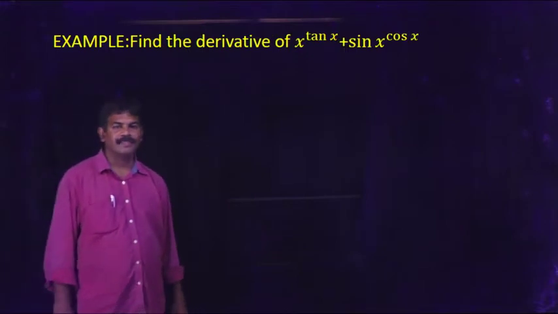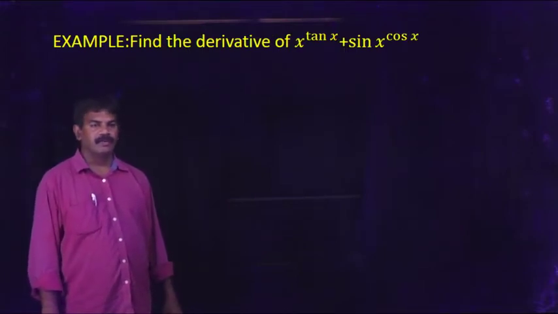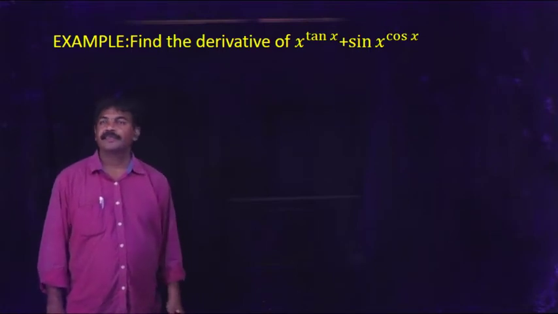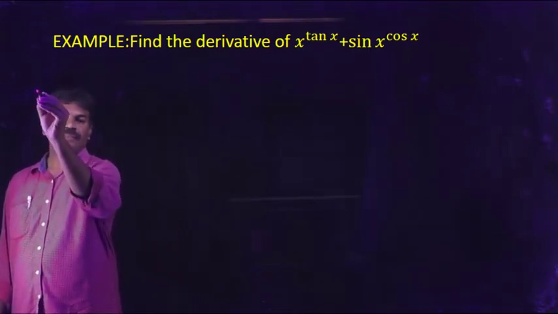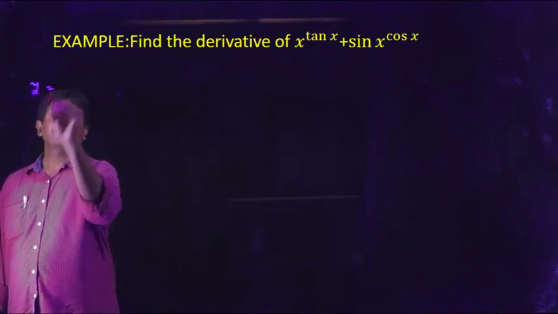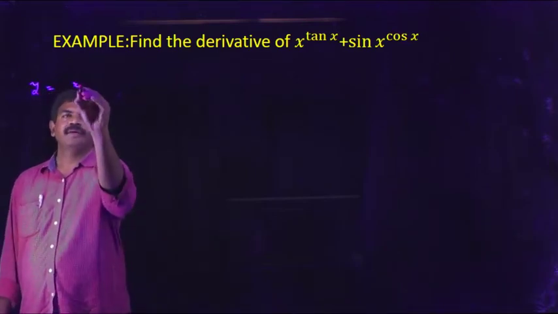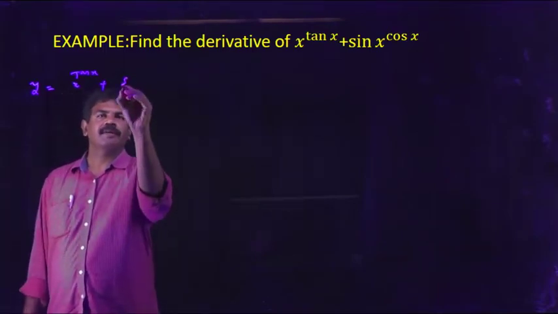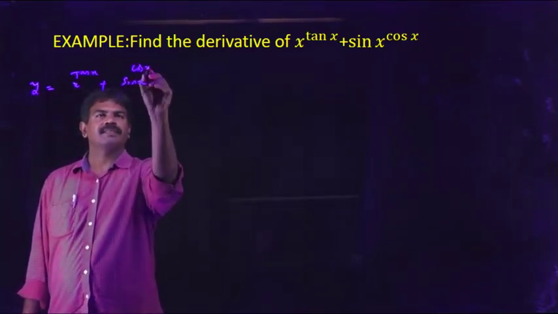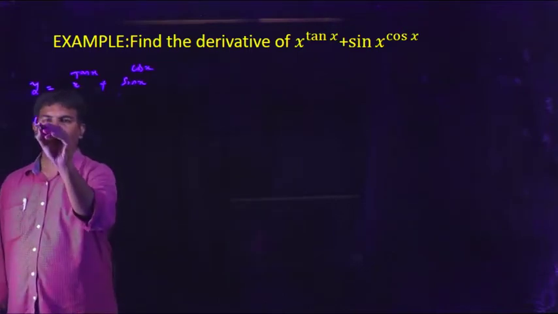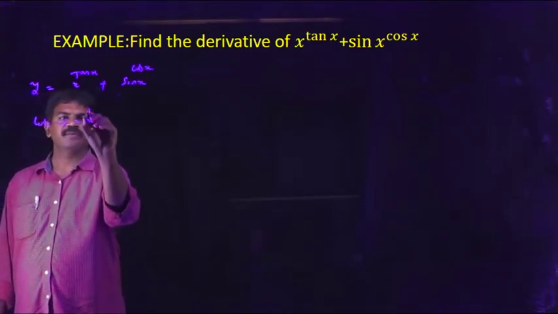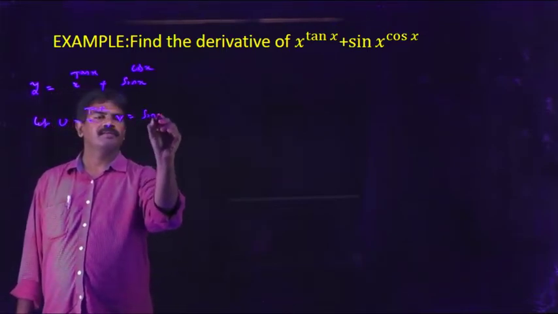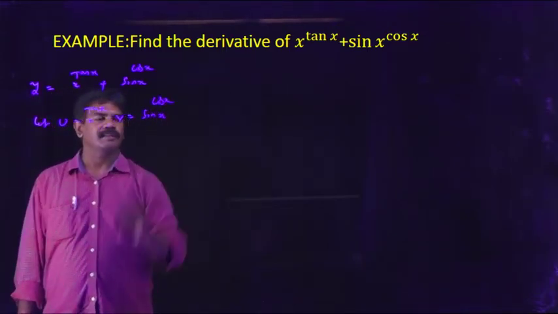Students, see the example. Find the derivative of x power tan x plus sin x power cos x. So we take y is equal to x power tan x plus sin x power cos x. Let u is equal to x power tan x, v is equal to sin x power cos x.